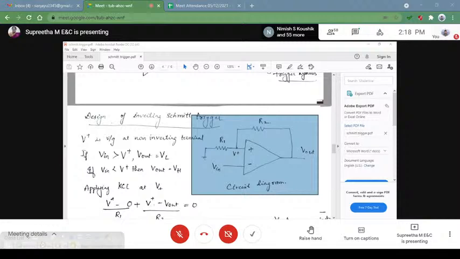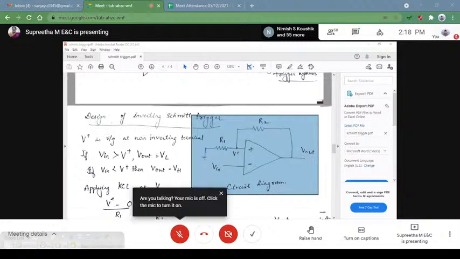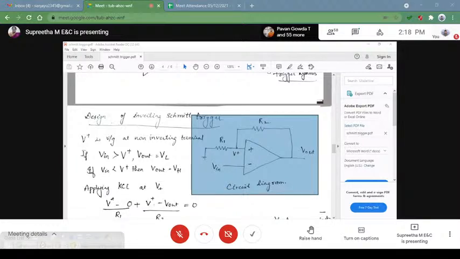It is VH, so I'll replace it with VH. So can I say this is the voltage at which your output is changing to VH? You all agree?